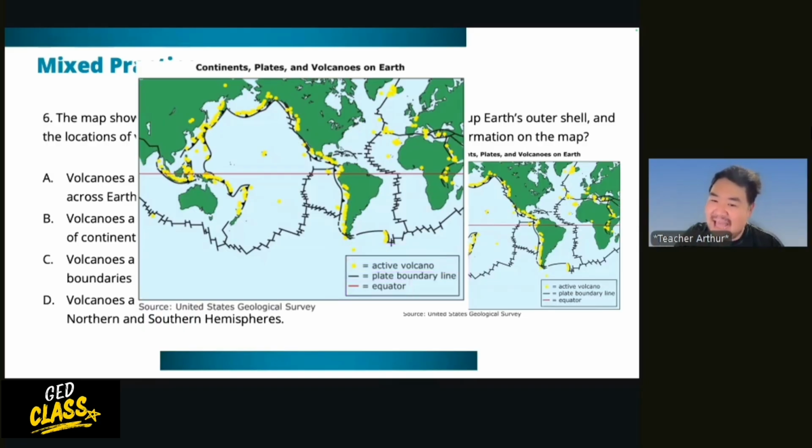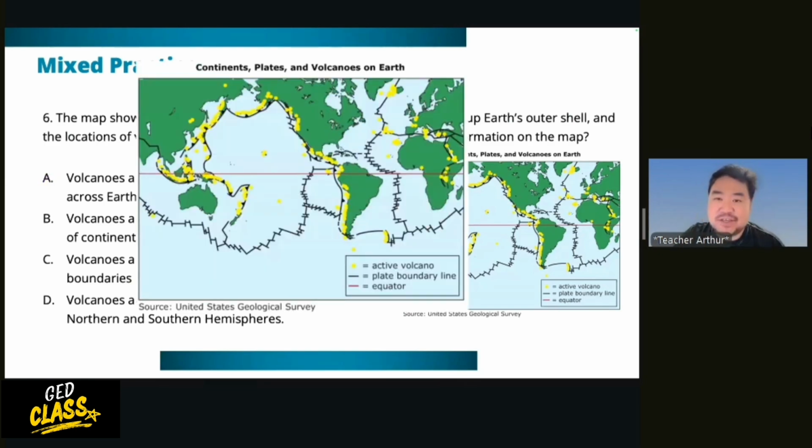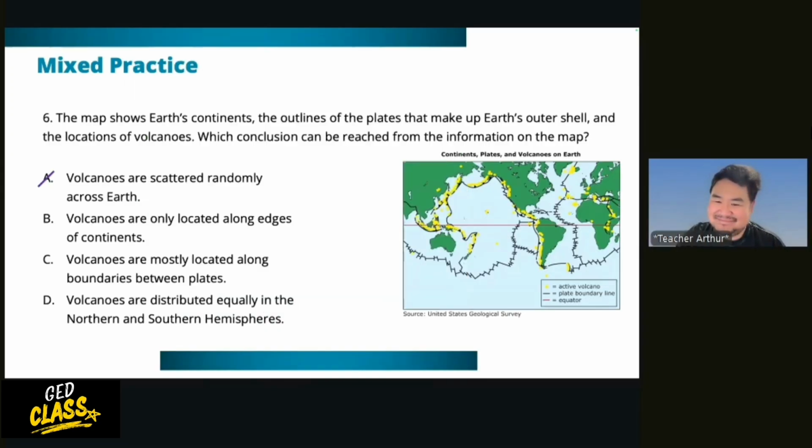And hopefully that made the question a little bit easier. So if you look at those choices, answer choice A, volcanoes are all over the earth. Not really, right? Are the volcanoes scattered randomly across the earth? Like a lot of you said, the volcanoes don't seem random. There's definitely a pattern here.